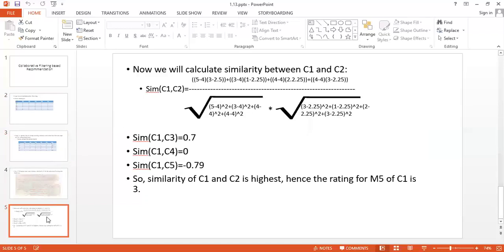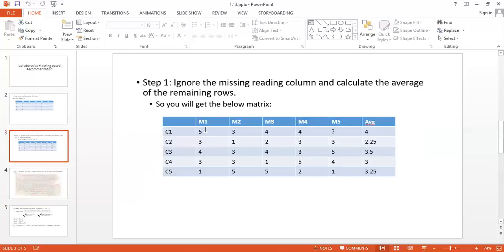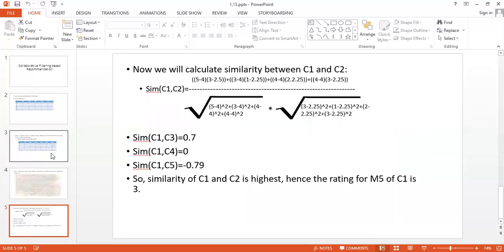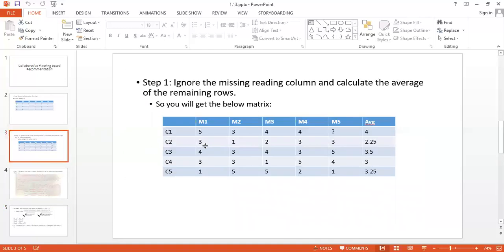Okay, so what we are putting here is: first value of first row minus its average, into first value of second row minus its average.